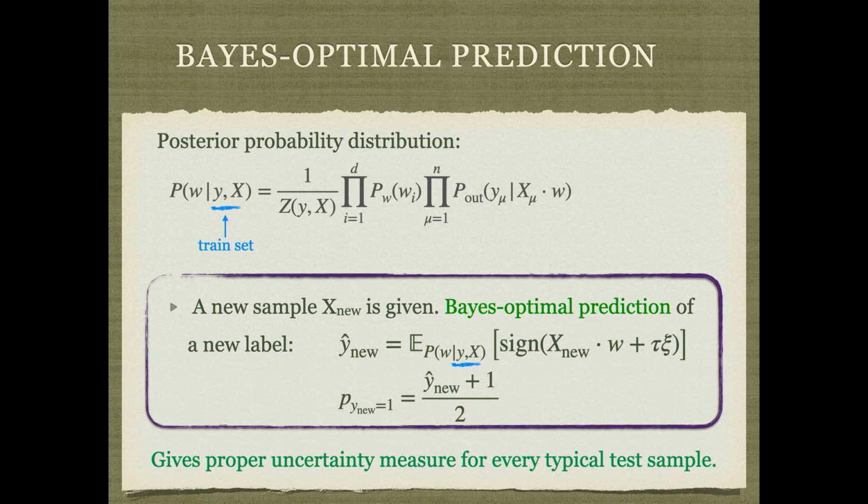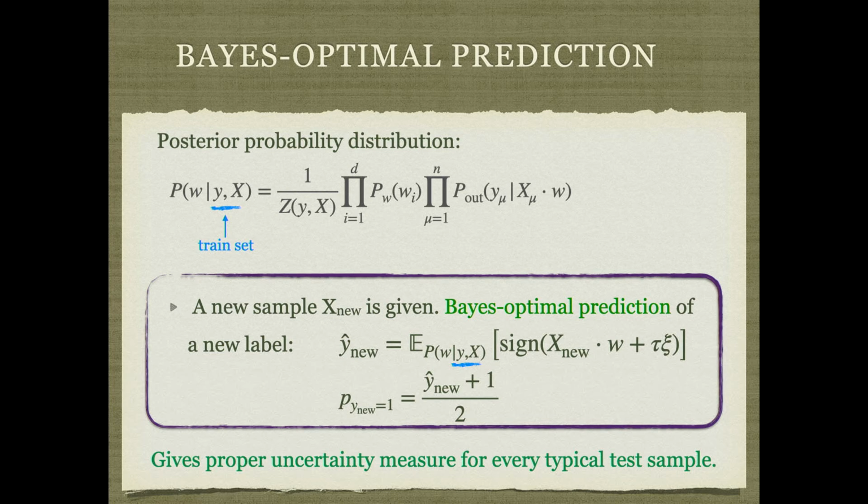And then we know, it's a few line proof, that the optimal predictor, statistically nothing can beat it, is the predictor that computes averages over this posterior of the sign of your new sample times the vector of parameters over which here we are averaging. And since now I chose it to be a classification problem, just 2 labels, if I have the average, I also have the variance. So the uncertainty here will be just linked to the average this way.